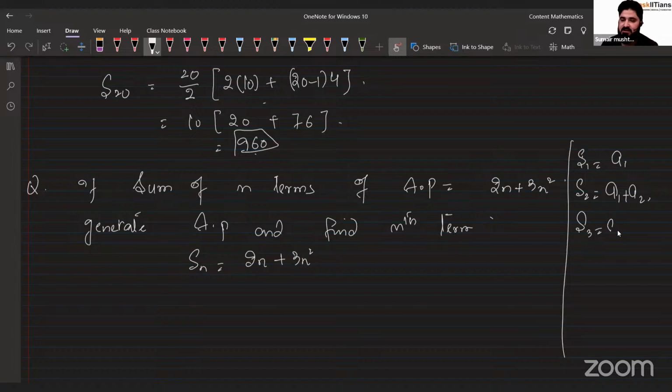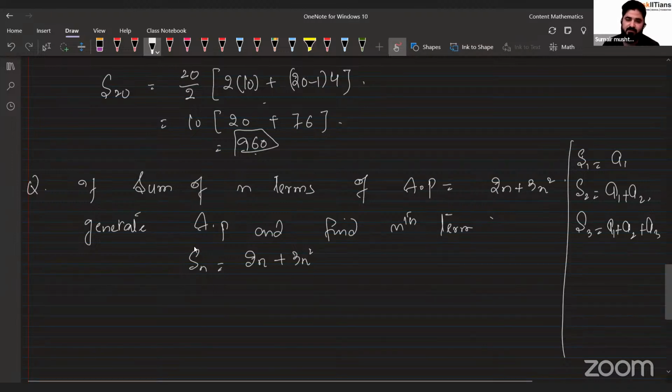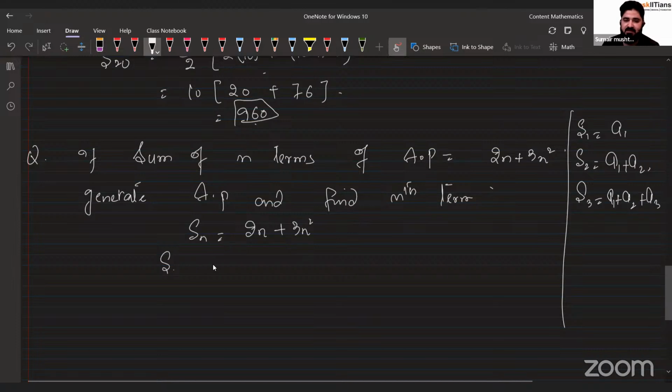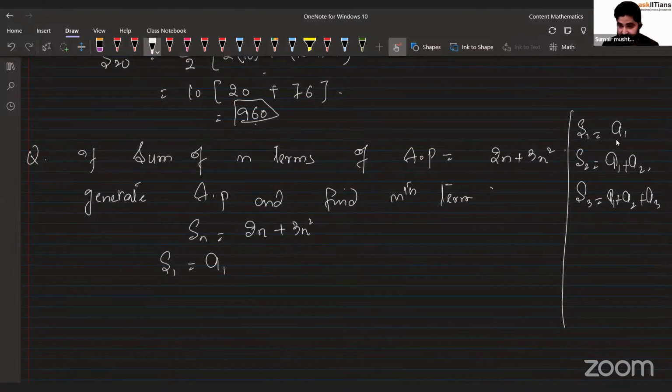That is the sum of first three terms, A1 plus A2 plus A3, right? And so on. Let us suppose I will find S1, that is the sum of one term. This will be equal to the first term because S1 is your first term. This will be equal to 2 times 1, because n is 1, plus 3 times 1 square, right? This is 2 plus 3, that is equal to 5. Clear?